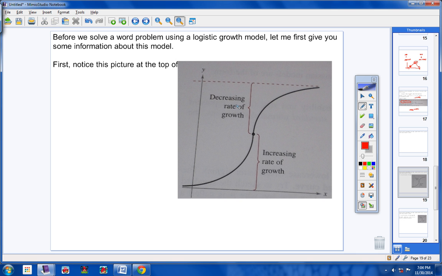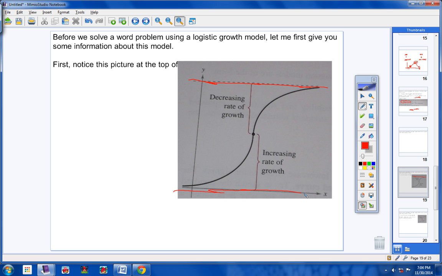I'm not going to test you on this or this. However, I want to point out once again that a logistic growth model has two horizontal asymptotes, here and here.